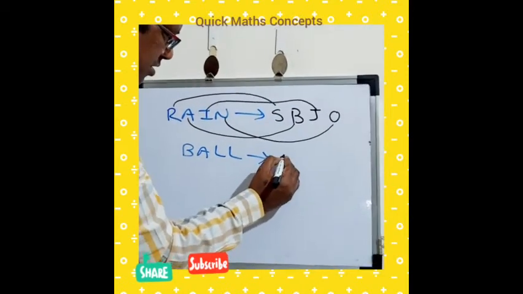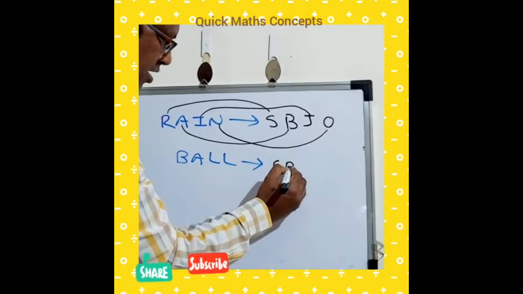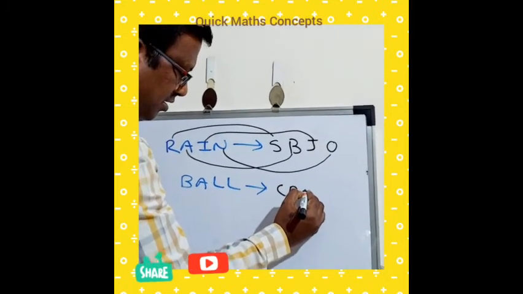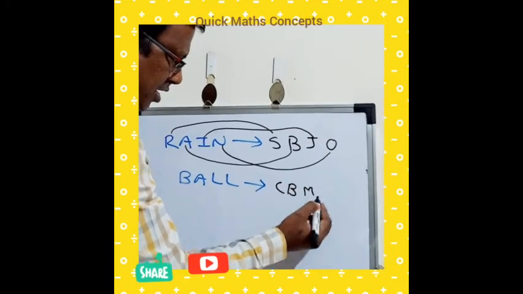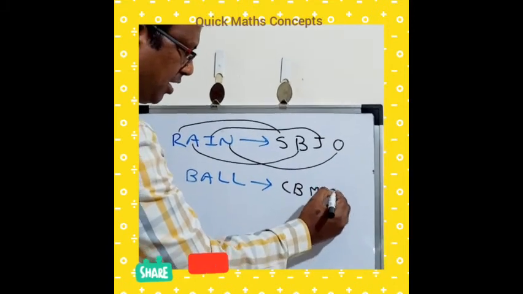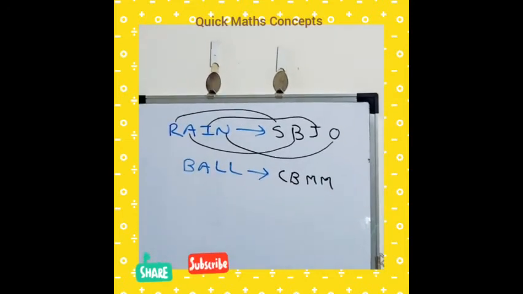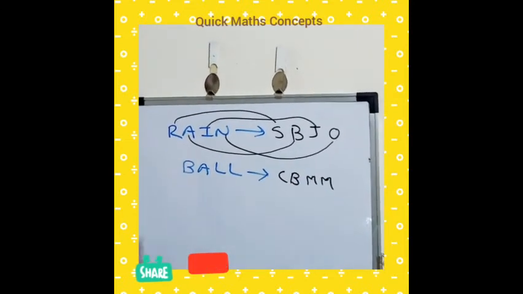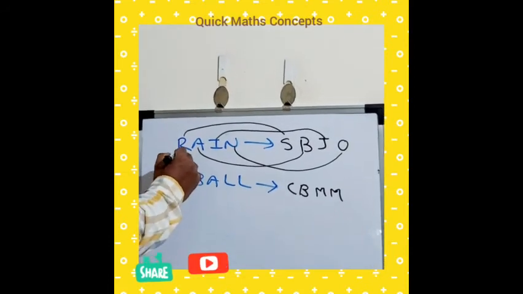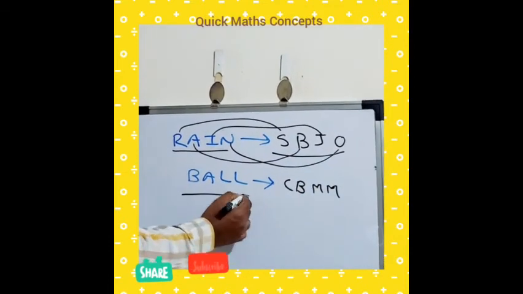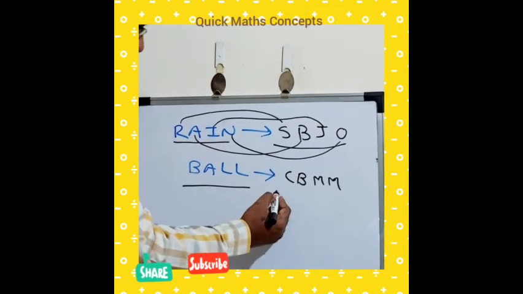After B, C. After A, B. After L, M. After L, M again. This is the way. So the logic is that each successive letter is written over here. Just to understand the previous word and its corresponding code, in a similar way here also we have taken the word and its corresponding code.